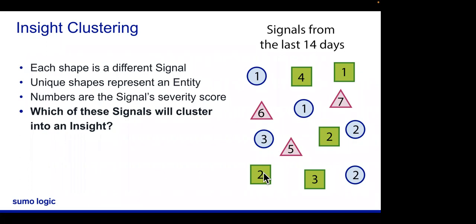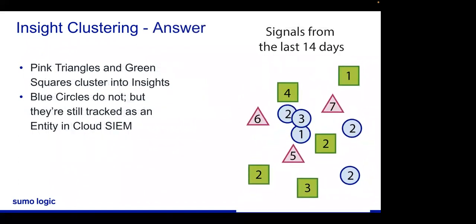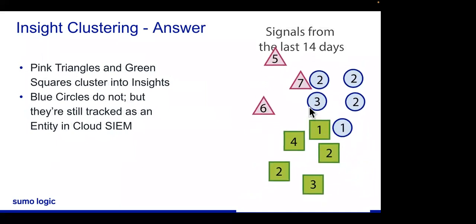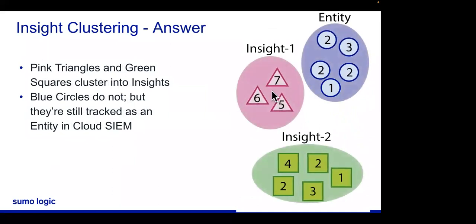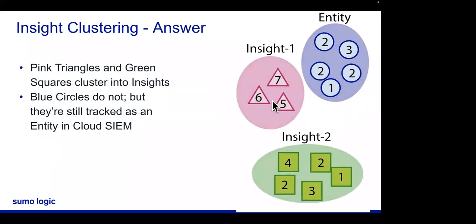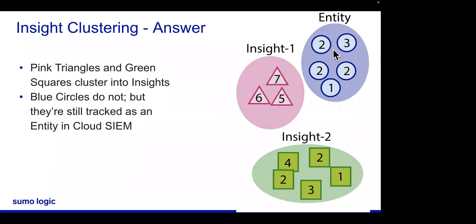That equals 12. That would fire off an insight. And in these red triangles, 6 + 5 is 11 + 7 is 18. That would also generate an insight. So what insights do by default is we look at the severity scores of our signals, and we add them up. If it's greater than or equal to 12 in a 2-week period of time, that generates an insight. And as I said before, this one will not generate an insight.